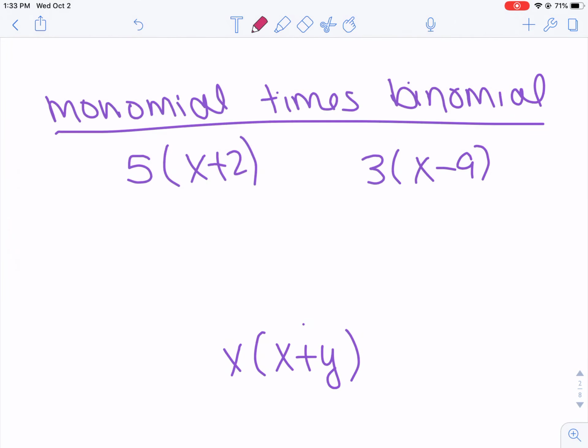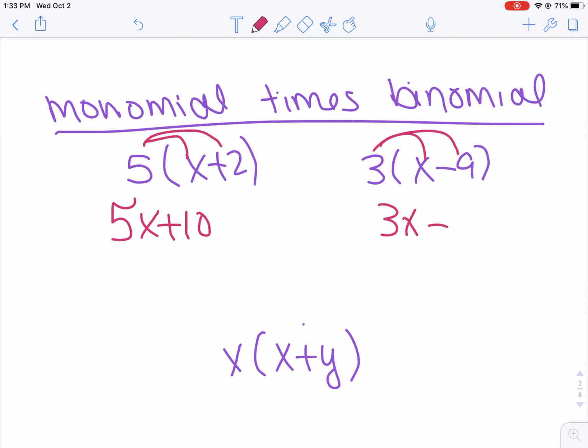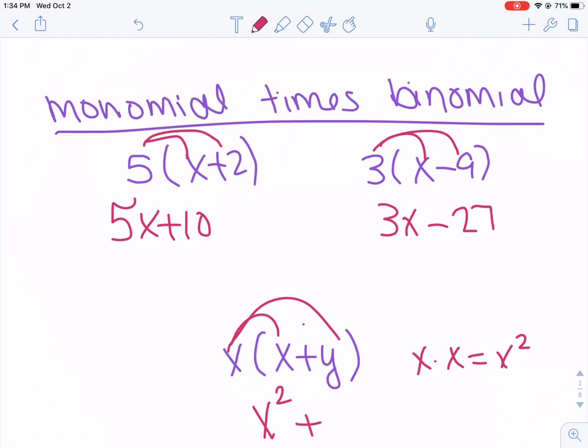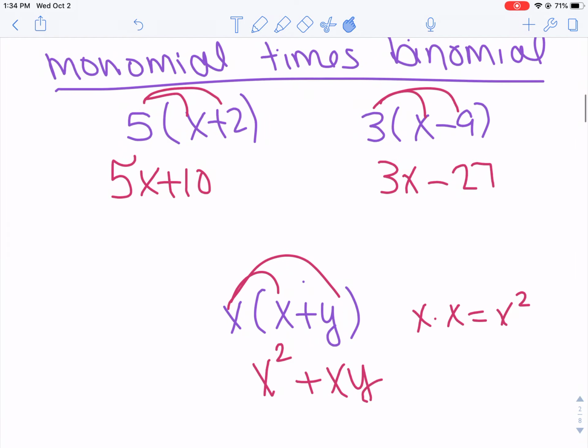You should have seen these before, and you should know that when there's something outside, we distribute it to everything on the inside. So 5x plus 10, 3x minus 27. X times x is x squared, and that's going to be really key for this lesson. And then x times y is just xy. So that's multiplying a monomial times a binomial.